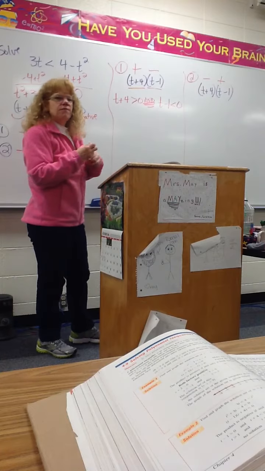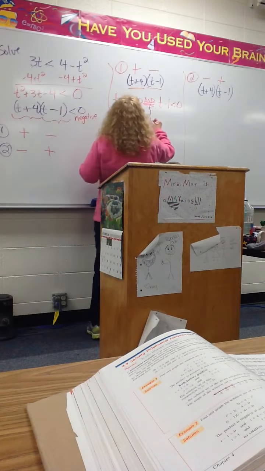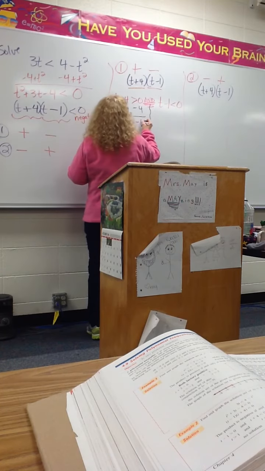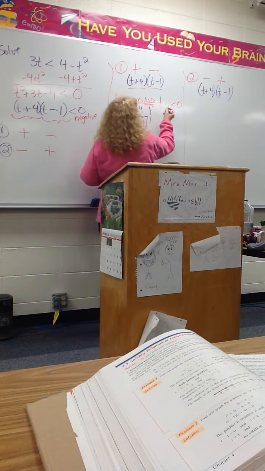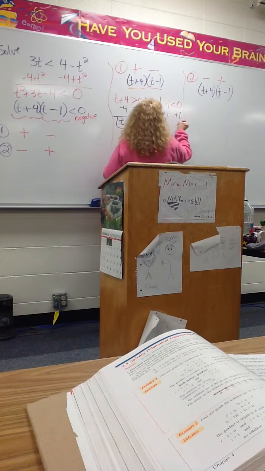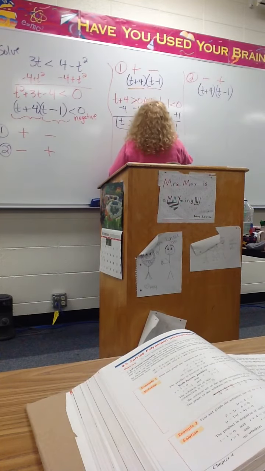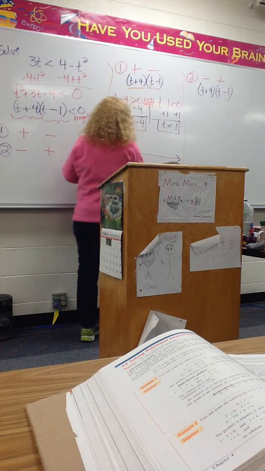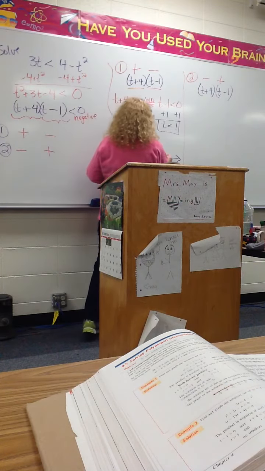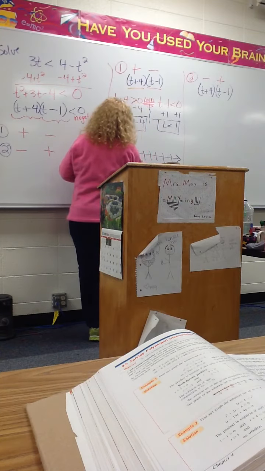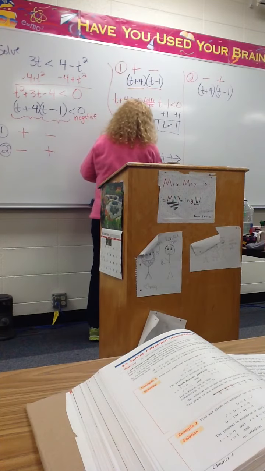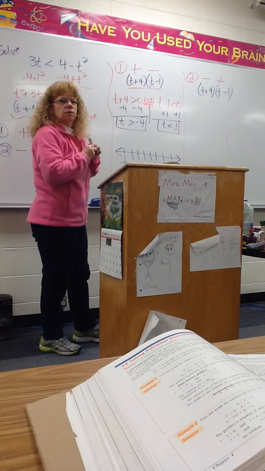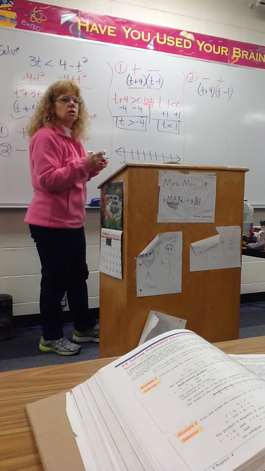And I have to solve those. So what am I going to do here? Minus 4 minus 4. T greater than negative 4. This one, plus 1 plus 1, t less than 1.